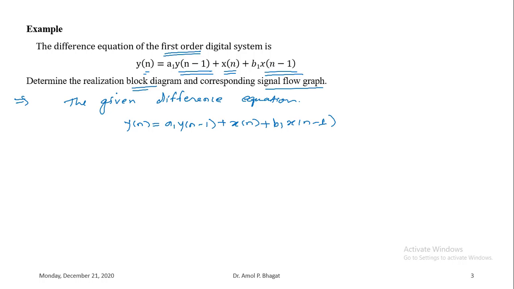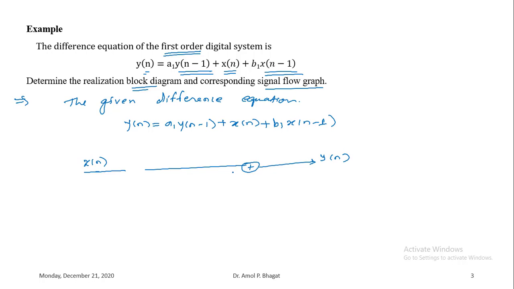Right. So here we'll try to directly obtain the realization for this equation. Initially we'll be applying input x of n to the system. So what it is doing basically is that this x of n is getting added, so the addition operation is performed, and the output will be simply y of n.